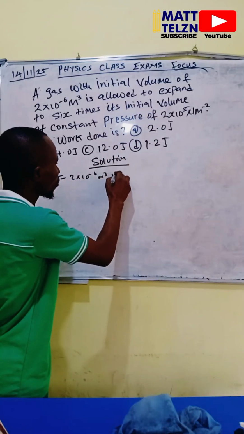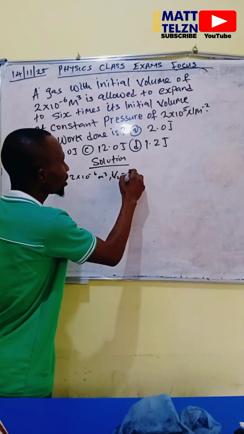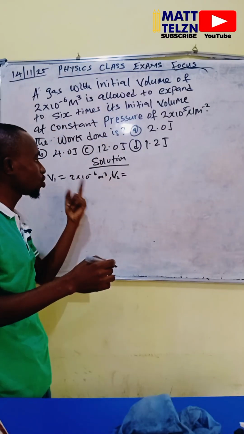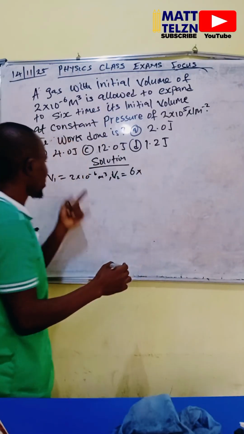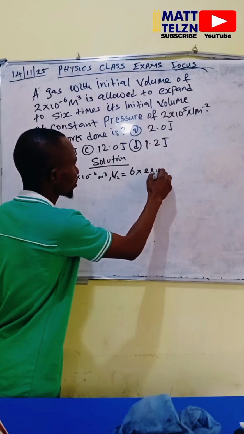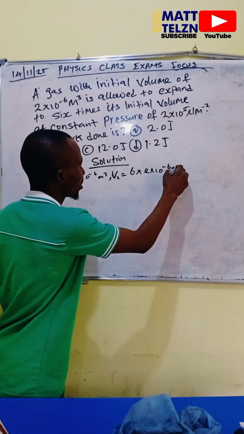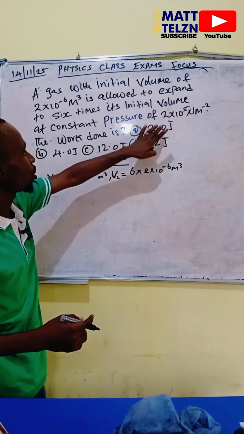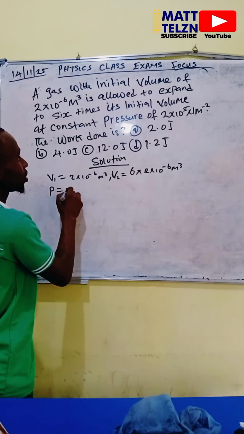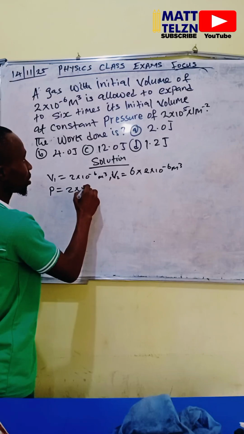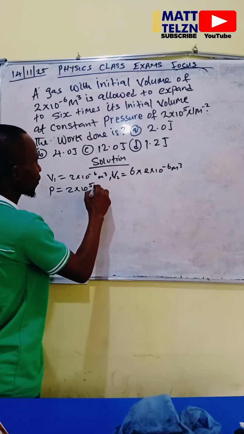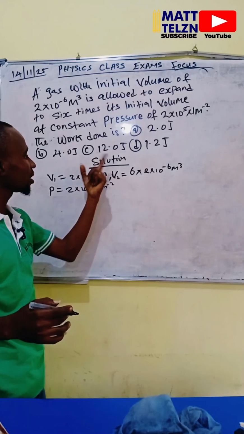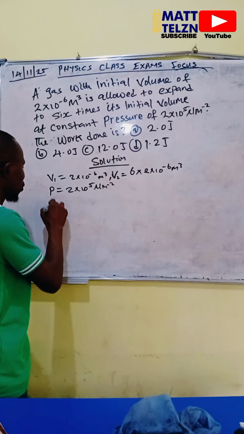So my V2 is equal to 6 times my V1, which is 2 times 10 raised to power minus 6 meter cube, right? Good. Now my pressure is given as P is equal to 2 times 10 raised to power 5 Newton per meter square. Good. Now the next thing is, what is the relationship?